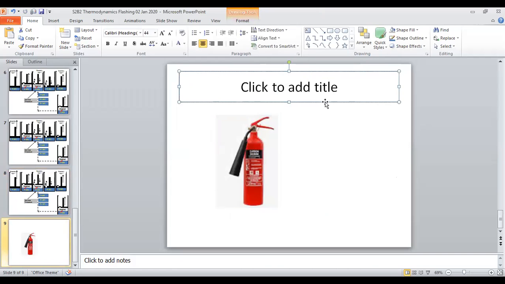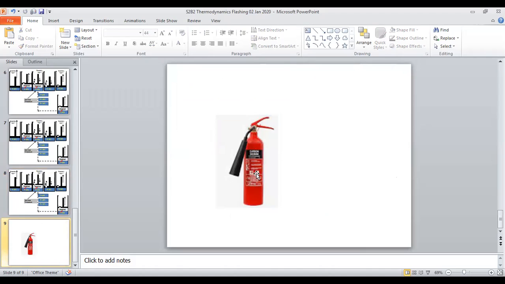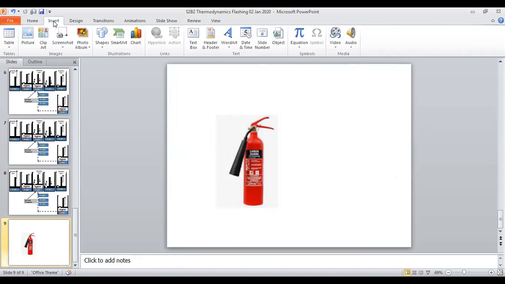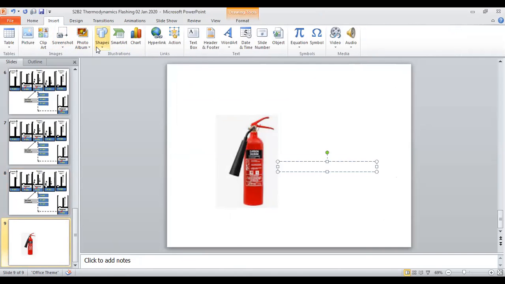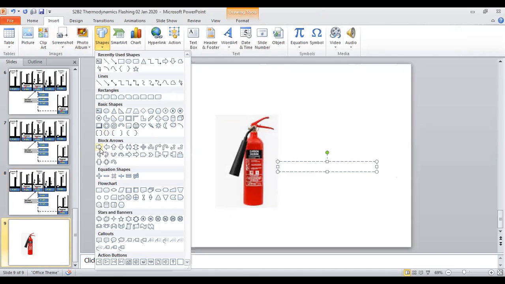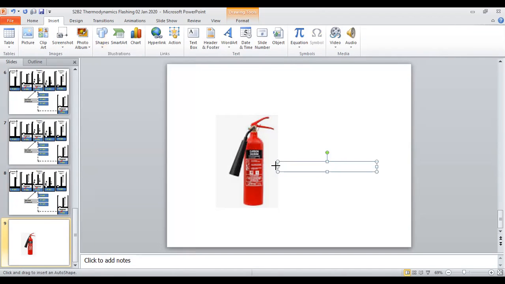Let's see now. I can read the label here. Let's say for this case, what's inside. Inside here, let's say this is in liquid form.